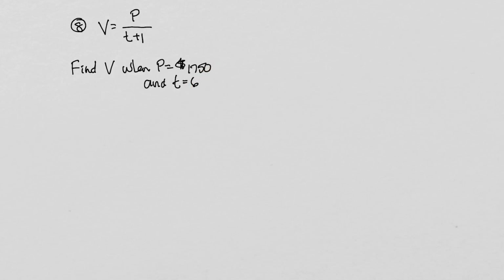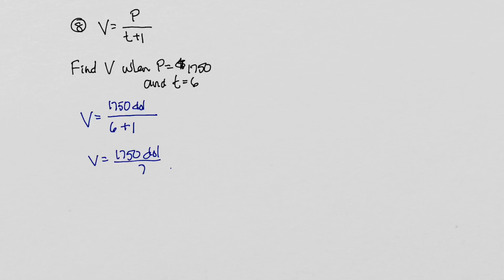So let's substitute these numbers. So we're going to get V equals 1750. Now I'm going to write DOL for dollars over T, which is 6 plus 1. So let's evaluate. So V is equal to $1750 divided by 7.